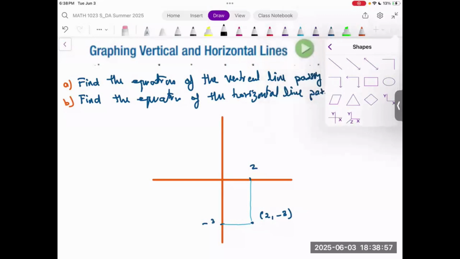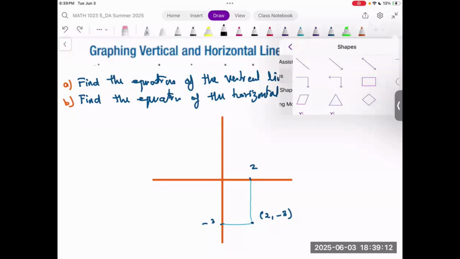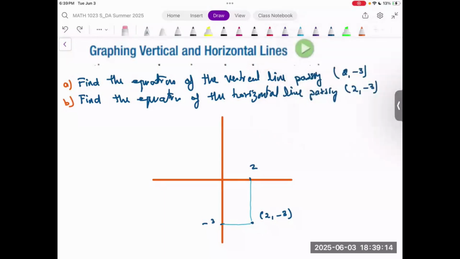Vertical, right? Everybody knows how to do the vertical line, correct? So the vertical line, you're going to go like this. I missed it again, so let me do it without missing. Very good. So this is the vertical line.